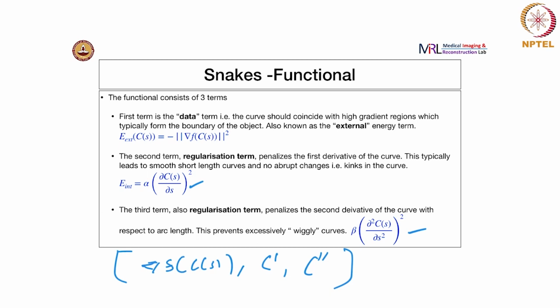I had used F of C of S. Ideally, just don't use F, maybe you just use this E. This F is basically because I've used F inside the functional when you're trying to derive the Euler-Lagrange equations, so that can be a bit confusing. So feel free to use some other symbol instead of F so that you don't get confused.